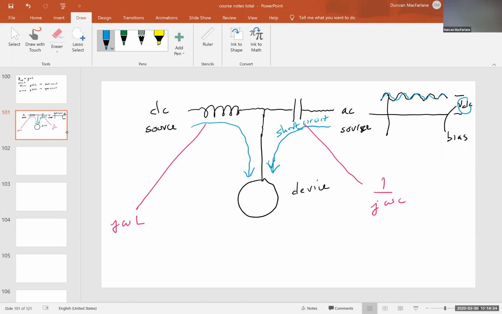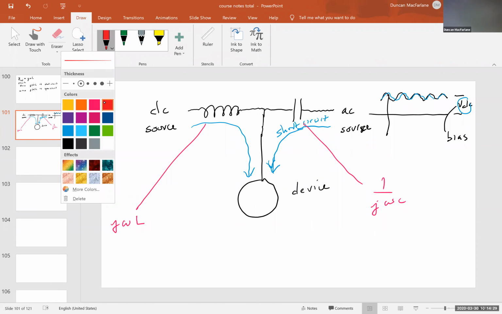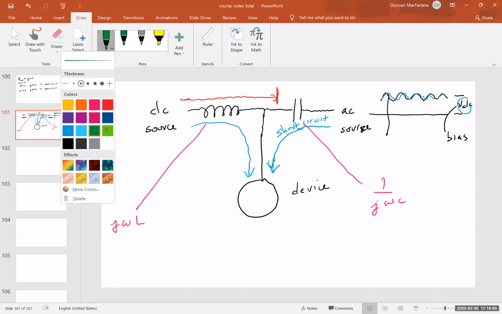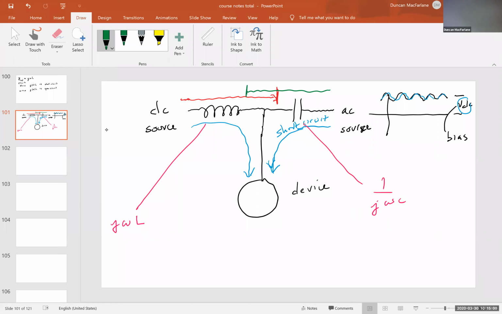And then something very clever happens. This DC gets blocked by that component, because 1 over j0 times C is infinity. So the DC piece doesn't see the AC. And similarly, the AC piece gets blocked by the inductor.